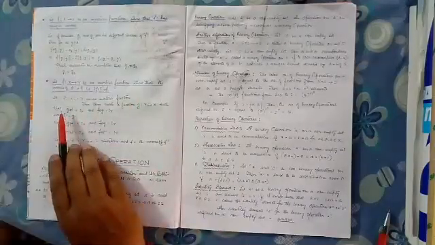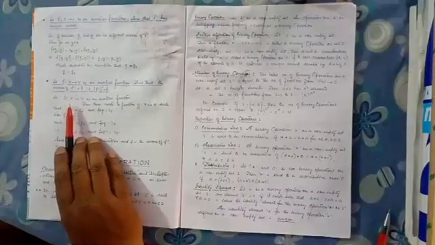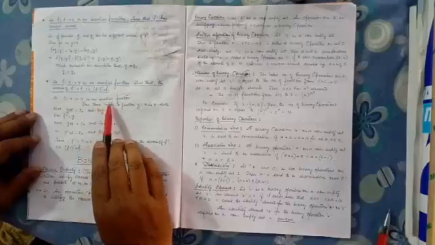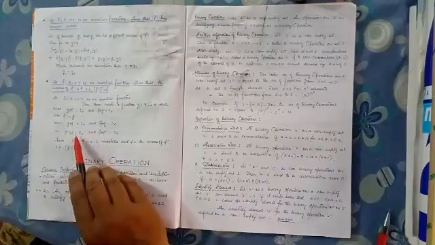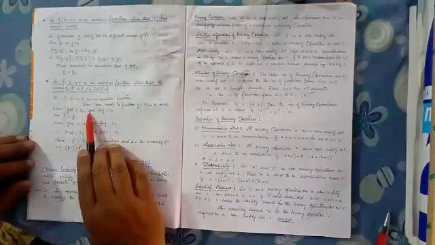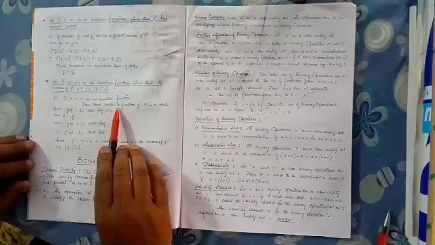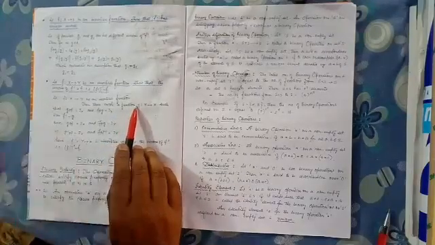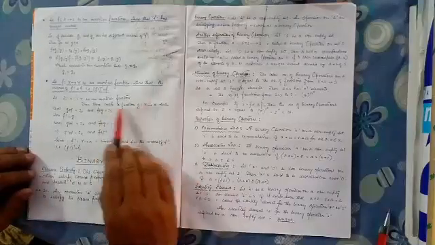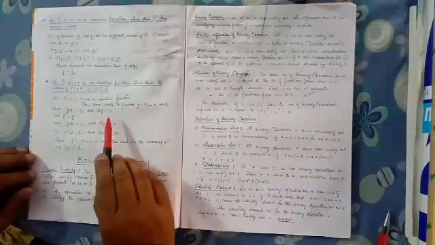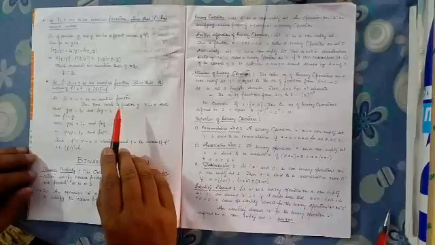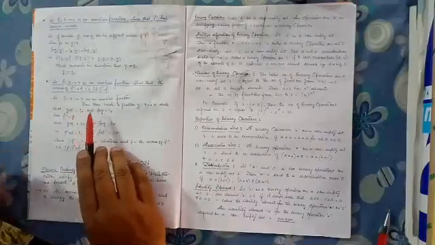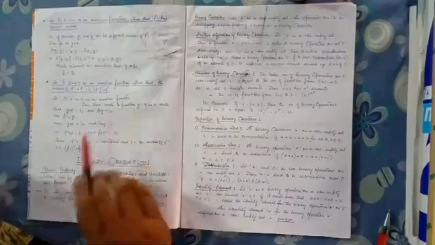Let f be a function from X to Y, an invertible function. Then there exists a function g from Y to X, such that g of f is equal to I_X and f of g is equal to I_Y.